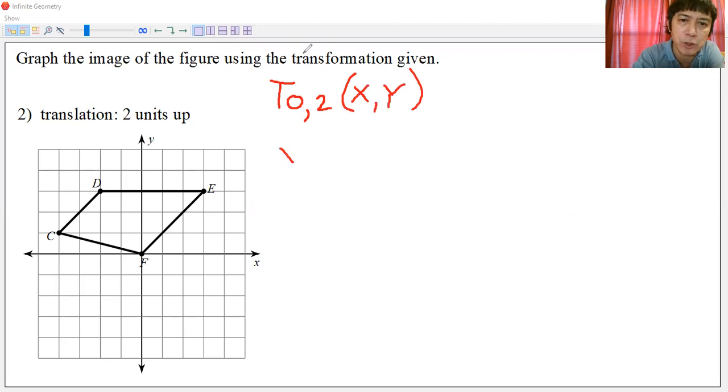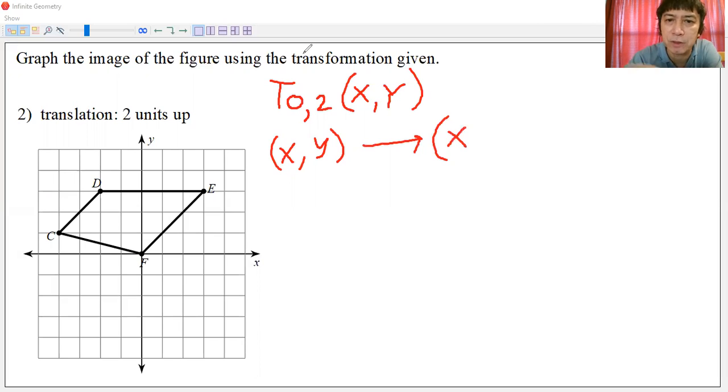And this means x, y. The rule will be x will not be affected because you will add or subtract 0 to x, and it will remain x. Now, the y is supposed to be 2 units up, so we're adding 2 units. So this will be y plus 2 there.